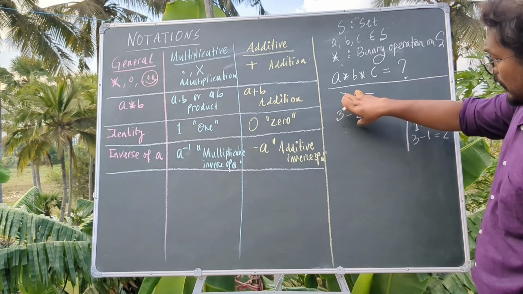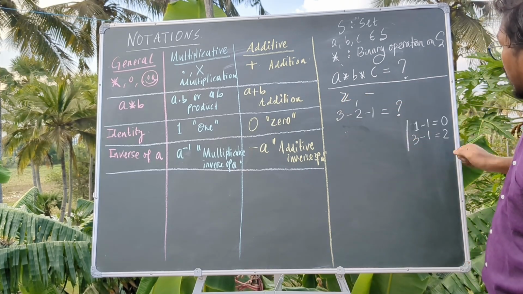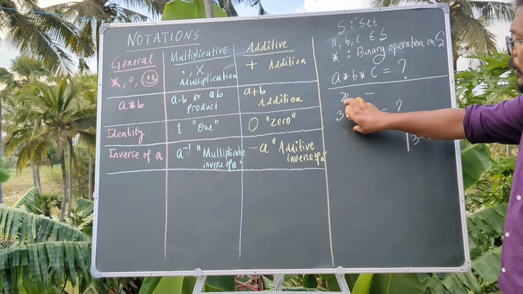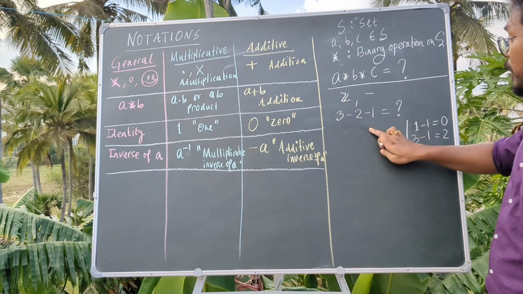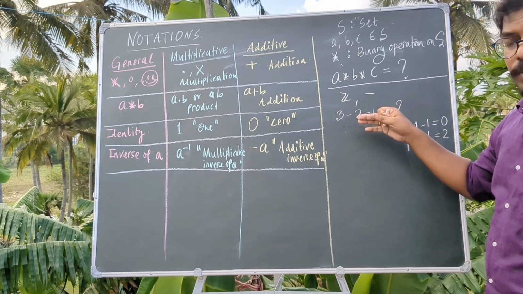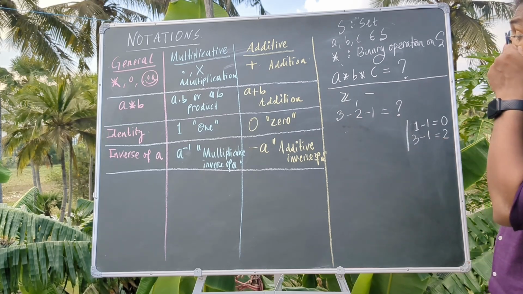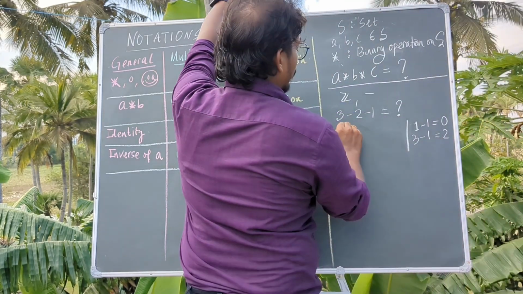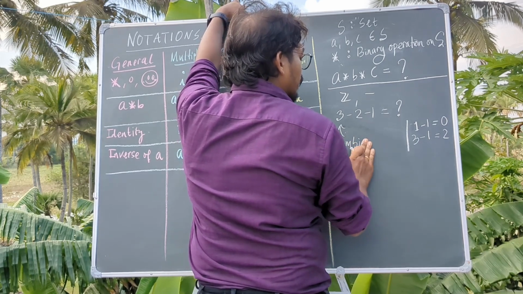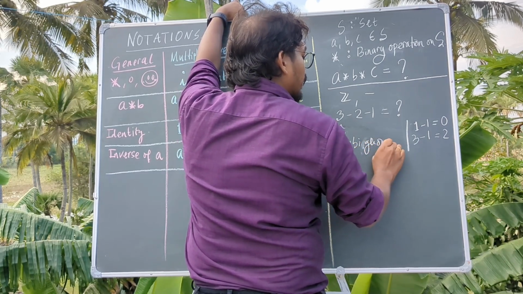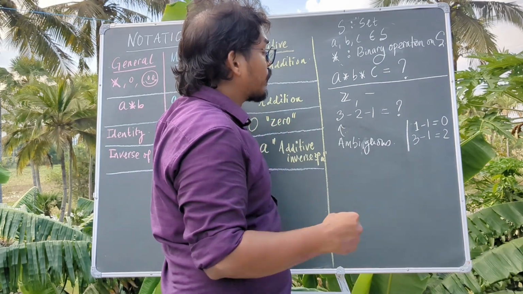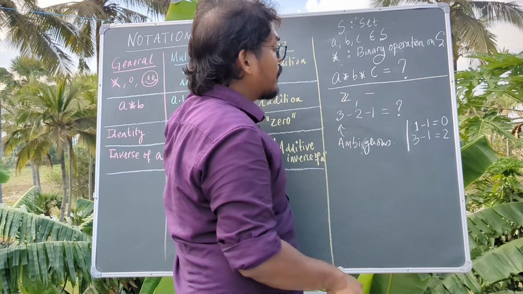So this expression has 2 results, one is 0, another is 2. So there is ambiguity in finding the result of this expression. It is making confusion in which 2 elements I should operate first. It is not explicitly mentioned.